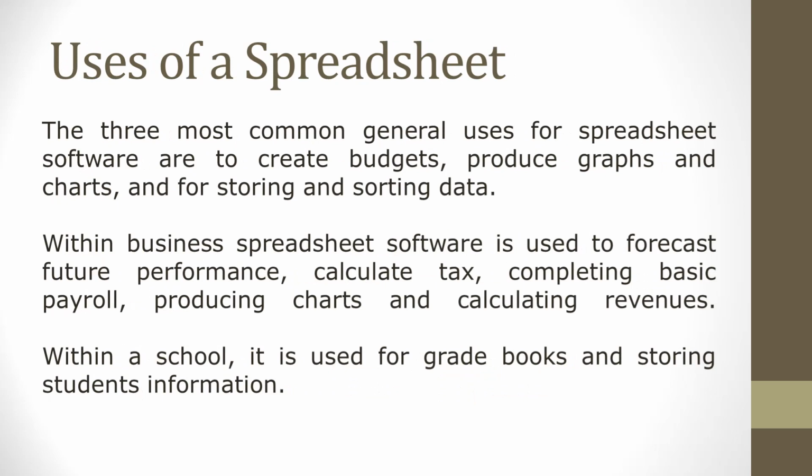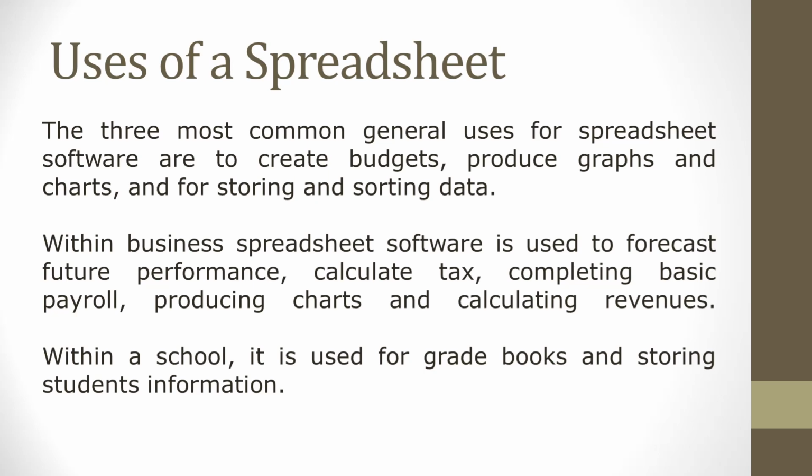Uses of a spreadsheet. The three most common general uses are for budgets. If you follow local news, you would have realized that Grenada just presented a budget, and you would have seen all the graphics, all the data, and so on. That's what they use a spreadsheet to produce, the graphics and charts, and we also use it for storing and sorting data. Within businesses, spreadsheet software is used to forecast.